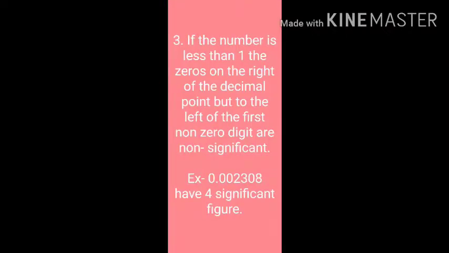If the number is less than 1, the zeros on the right of the decimal point but to the left of the first non-zero digit are non-significant. Look at the example. The zeros on both the left-hand side and right-hand side are non-significant numbers. So the number of significant figures is 4, for 2, 3, 0 and 8.